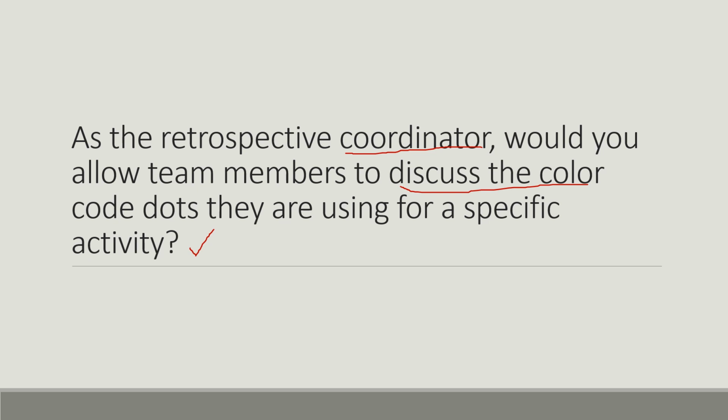We saw in the previous slide that two people felt negative when a performance bug was found, and two people felt positive when a performance bug was found. So are you going to allow these team members to discuss while they are putting these dots about their feelings?